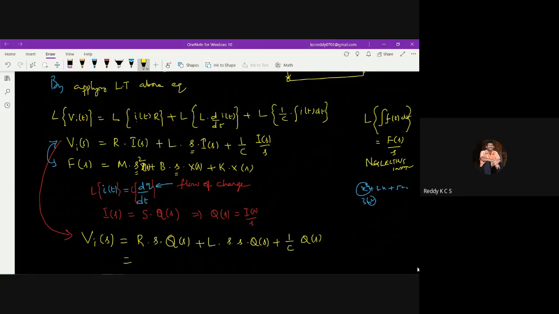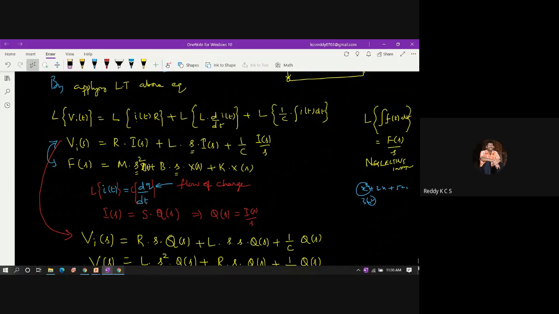If you rewrite the terms: L into s square into Q(s), plus the s term, that is R into s into Q(s), plus the constant term, that is 1 by C into Q(s). So this is the voltage equation which you have obtained.